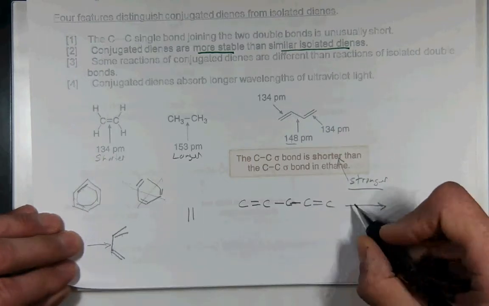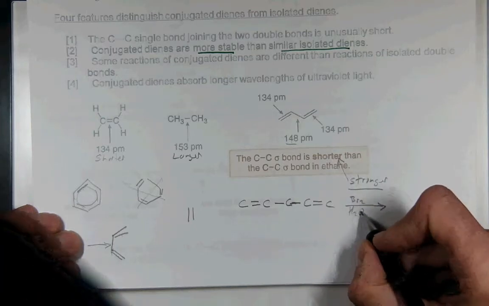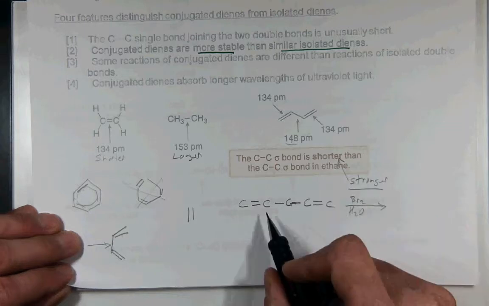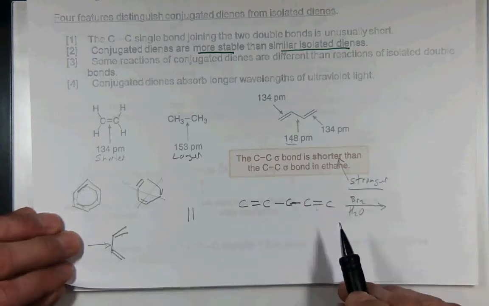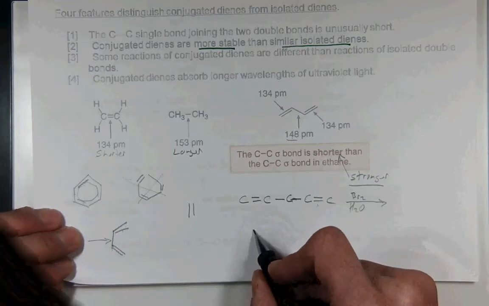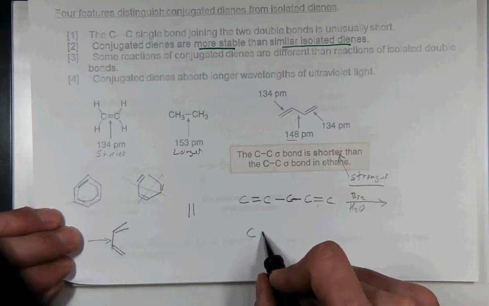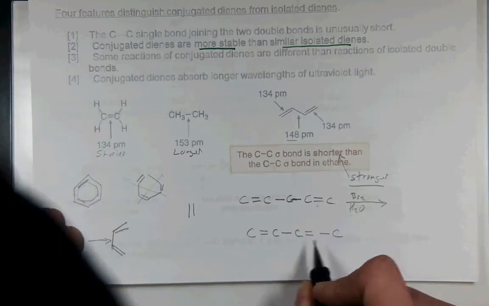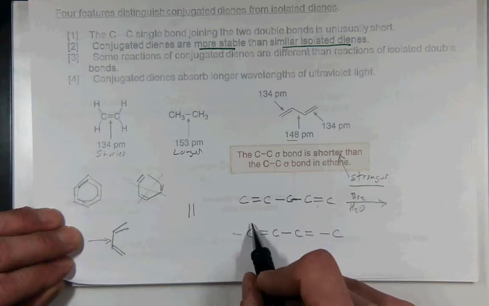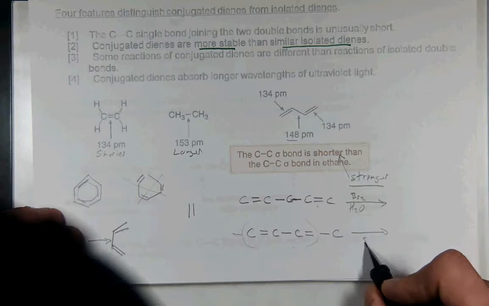We had in chapter 11 all sorts of reactions, bromination, hydration. This reaction would go fairly quickly with this type of compound, but with a conjugated double bond, single bond, double bond, this will be slower.